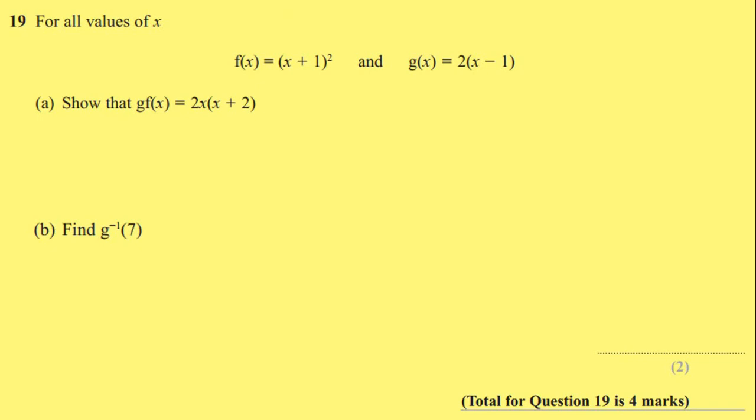Alright, next up, question 19. f of x equals x plus 1 all squared and g of x equals 2 lots of x minus 1. Show that g of f equals that mad looking stuff. Now, this is g with an f in it.